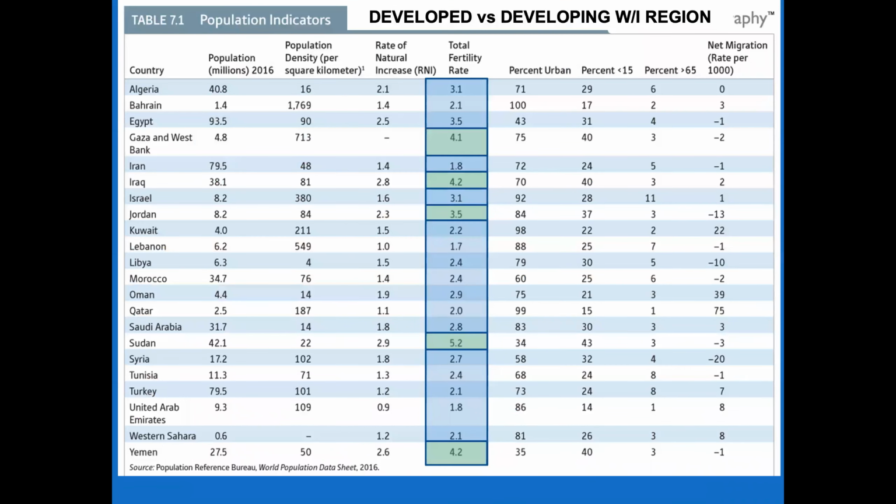And again, it's an area that has development and developing areas within it. So you have some places colored in the green of really high fertility. So places like the Gaza, Iraq, Jordan, Sudan, and Yemen. And yet you have other areas like the UAE and Lebanon and Iran where fertility is very, very low, okay?